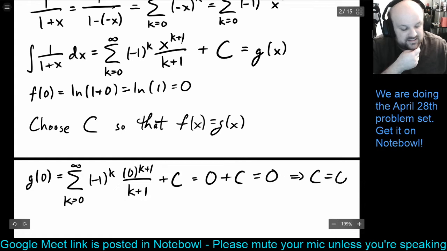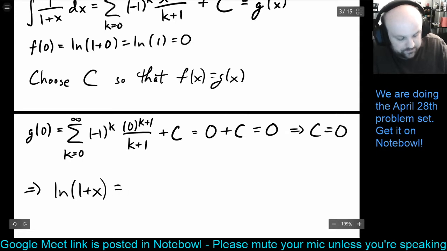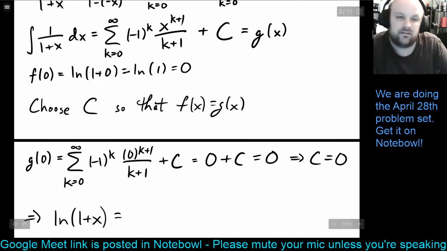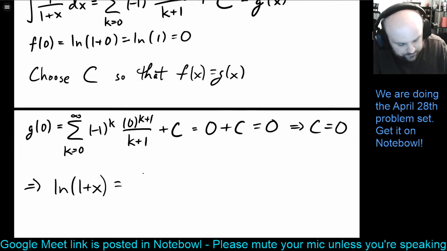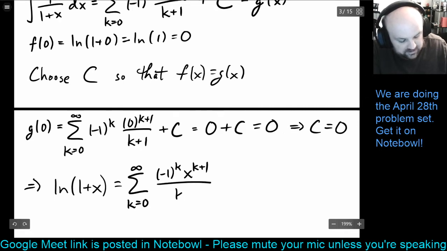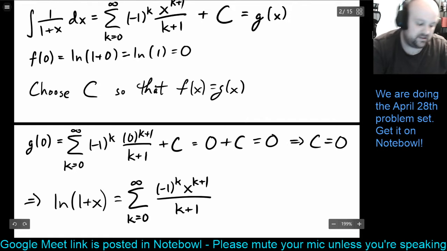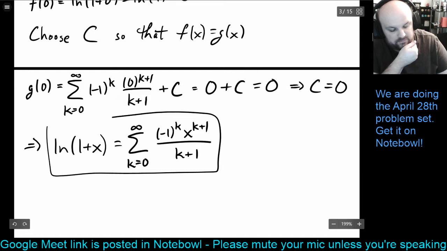This implies that c has to be 0, and therefore ln of 1 plus x, we can just take this series right here and replace c with 0. So basically get rid of c here. So it's the sum from k equals 0 to infinity of negative 1 to the k, x to the k plus 1 over k plus 1. Okay, and there we go. There is a power series for ln of 1 plus x.